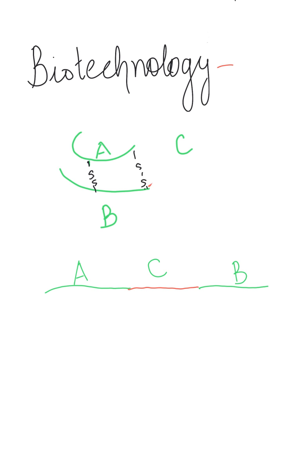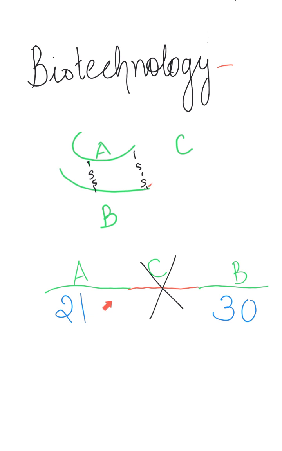Now, scientists thought, what is the need of C when we need only A and B to synthesize regular insulin? A chain has 21 amino acids and B has 30 amino acids.